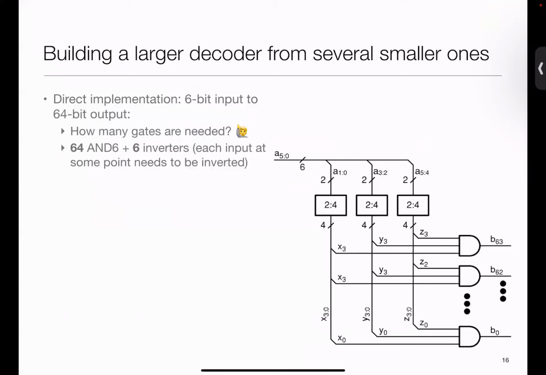So I would need 6 inverters to possibly invert each input. And then for each input, I will either take the input or its inverted version, and I am going to then AND them. And I will have 64 AND gates, and each one of them would be taking 6 literals. So I will need 64 AND gates of 6 inputs, and I will need 6 inverters. That is if I were to directly implement the 6 to 64 thing, right? Much patterned exactly after 2 to 4.